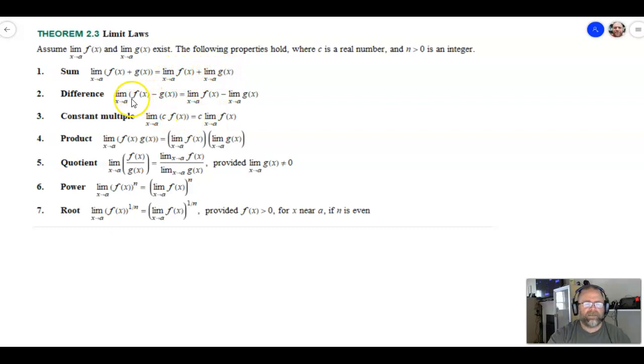And we can do the same thing for the difference. So if we have the limit of the difference, that's equal to the difference of the individual limits there. We have a constant multiple.